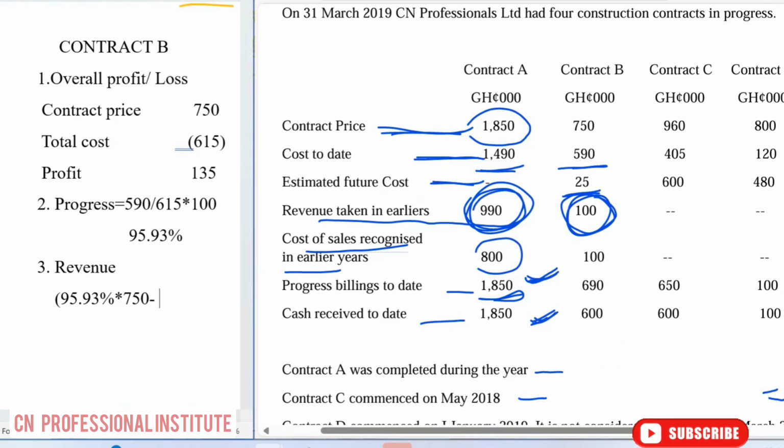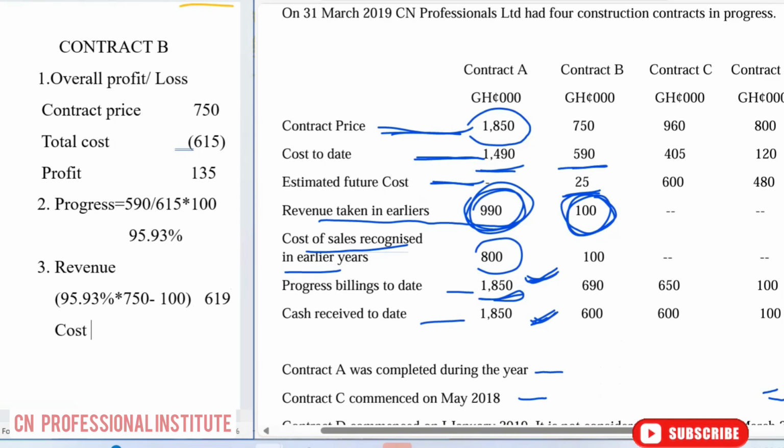We have to deduct the previous revenue recognized so that we have only the revenue that we're going to record. When you multiply this, you get 719, then minus the 100 previous revenue recognized, and that gives us 619.